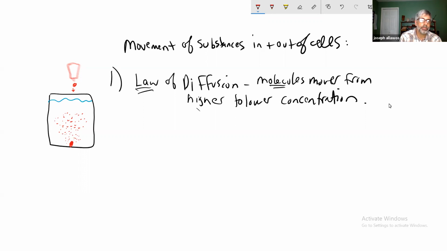Now, in this case, you have a liquid diffusing through a liquid, but you could have a liquid diffusing through the air. Have you ever experienced someone that wears a little bit too much cologne, right? So they put this liquid cologne on their body and everywhere they go, that cologne is diffusing into the air, right? Okay, so at some point, the dye molecules now are going to be equally distributed throughout the water molecules.